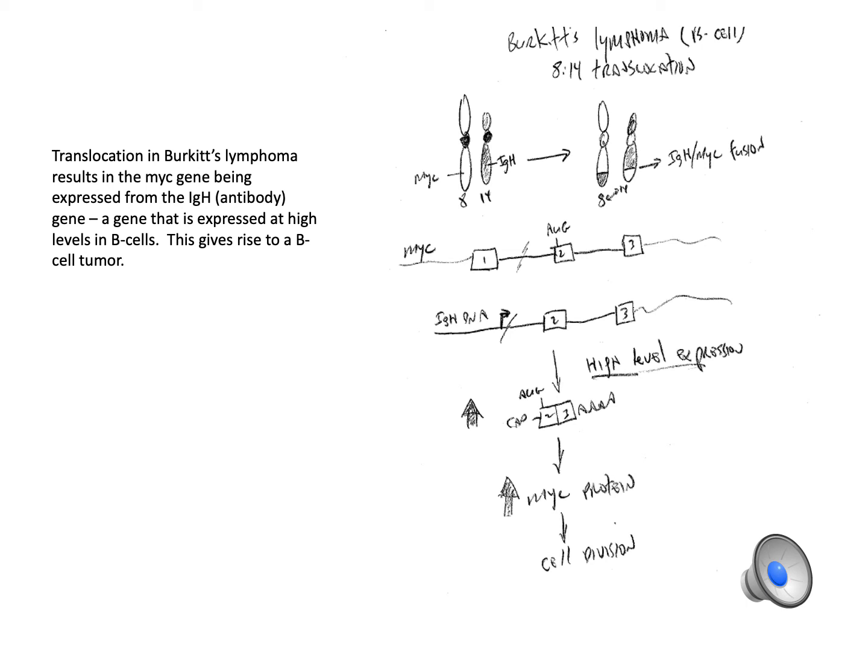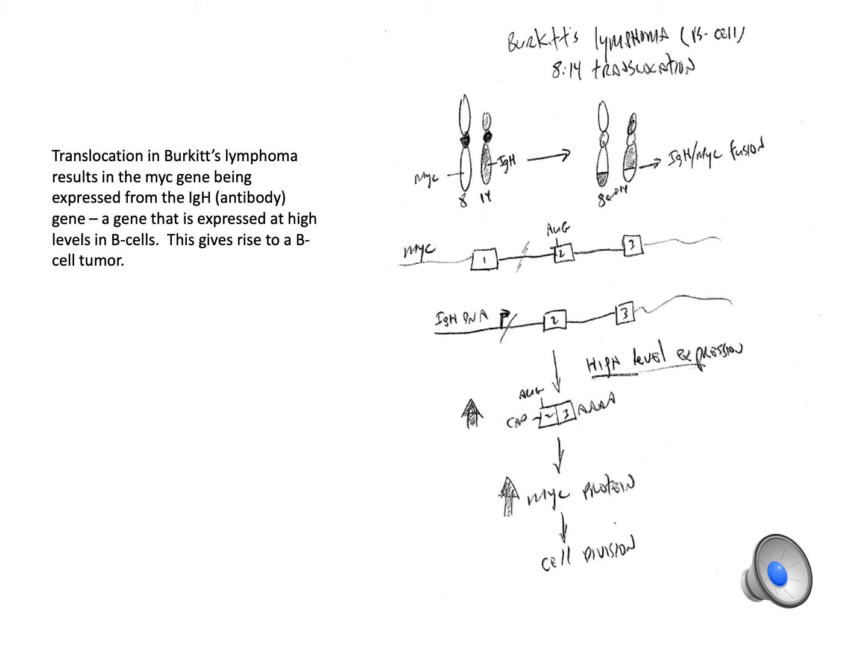The MYC gene is a rather small gene that only has 3 exons, exon 1, exon 2, and exon 3. And remember, the exons contain the coding sequence for the protein, and eventually the introns will be removed and the exons will be joined together. So exon 1, 2, and 3. And the start site for protein synthesis, the first AUG, is located within exon 2.